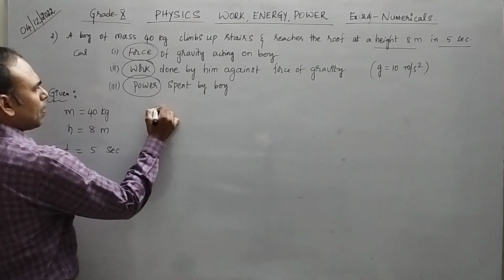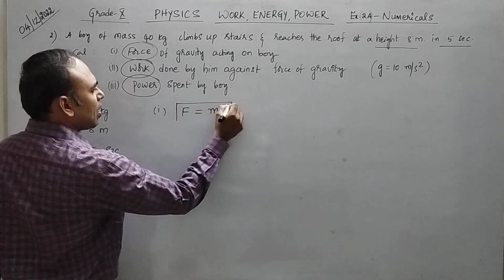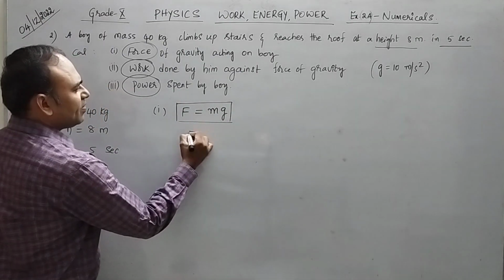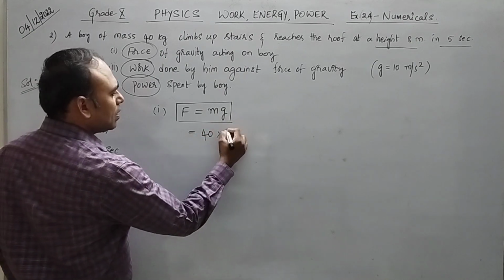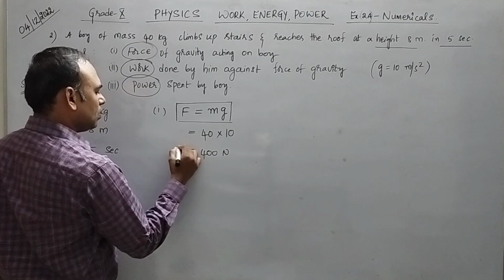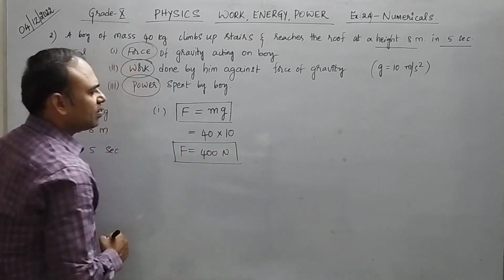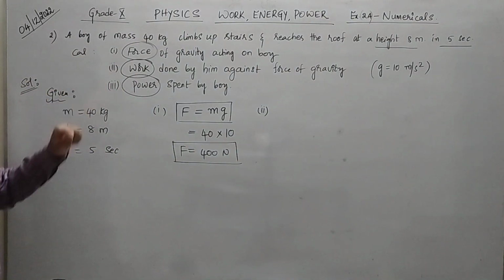The first one, force is equal to mass into acceleration due to gravity. Applying that, mass 40 kg into gravity 10, nothing but 400 Newton. First one is very simple. Now what is the second one? They are asking the work done.